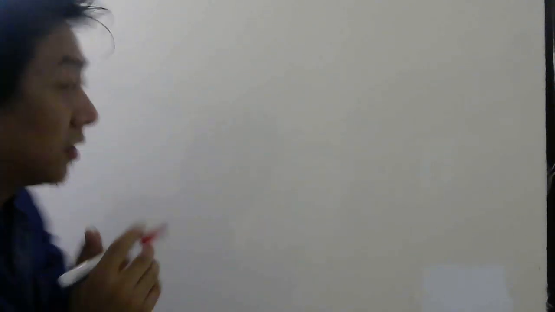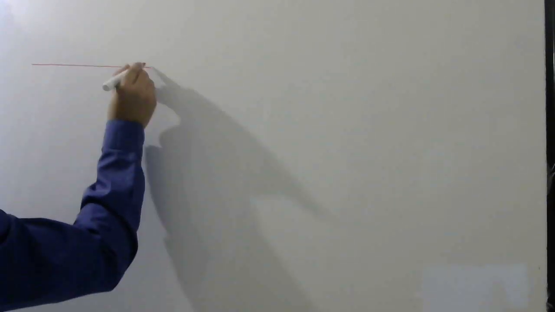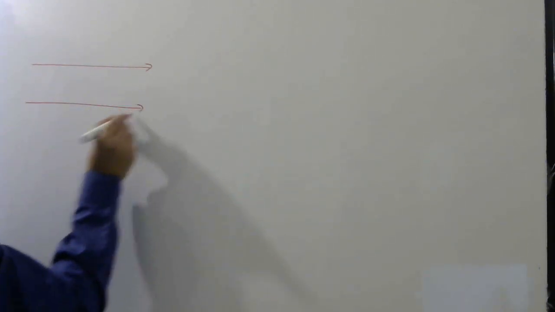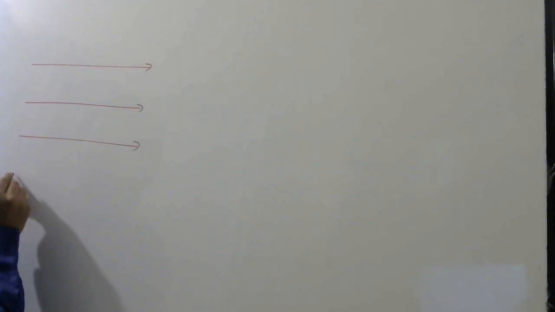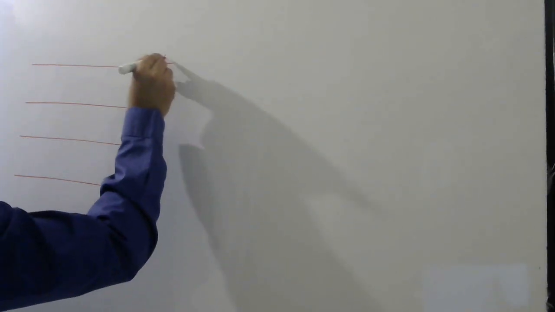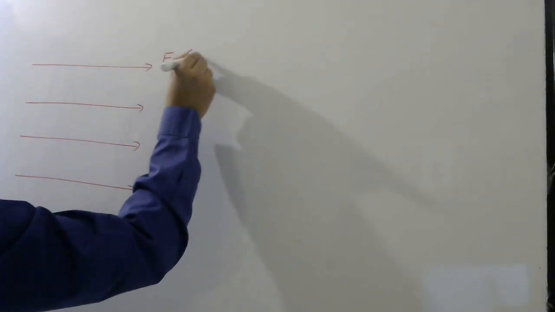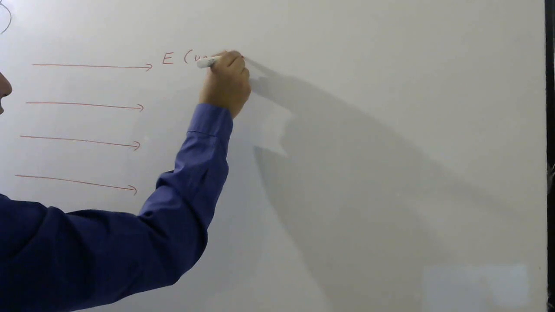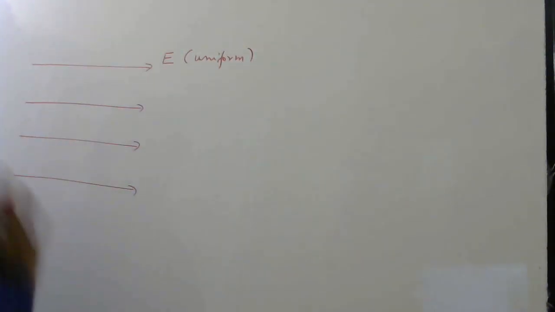They should be equally spaced, so that I cannot say it is stronger or weaker. If the lines are closer, the electric field becomes stronger. So we will draw equidistant parallel lines. This is your uniform electric field.